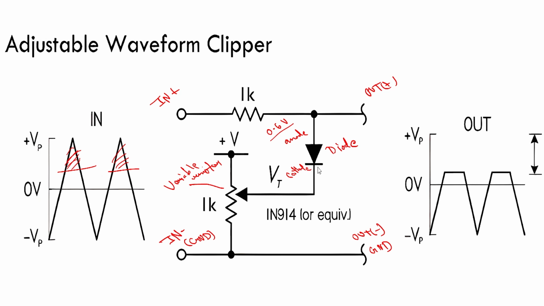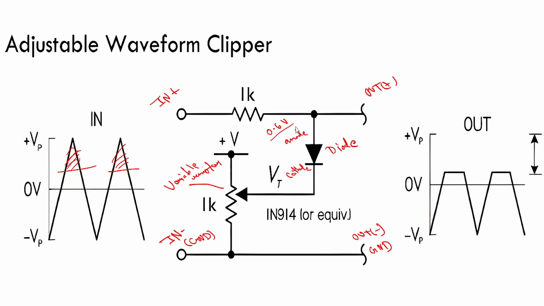If any signal is coming below this voltage, what will happen? The output will be the same, because the diode will not conduct. This diode will conduct only when the voltage exceeds 0.6 volt.